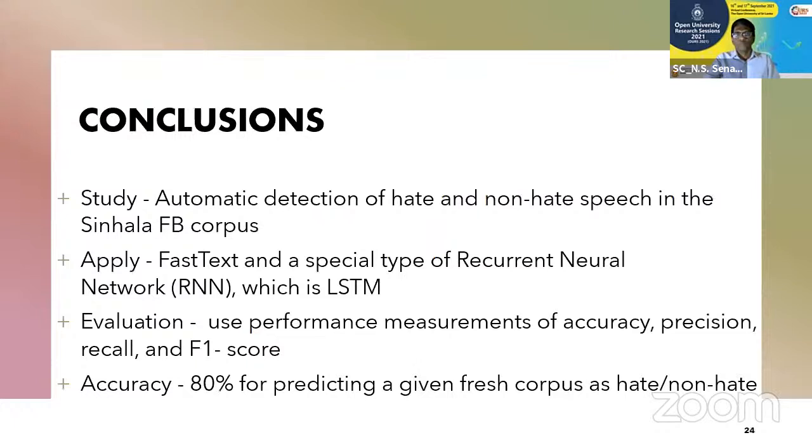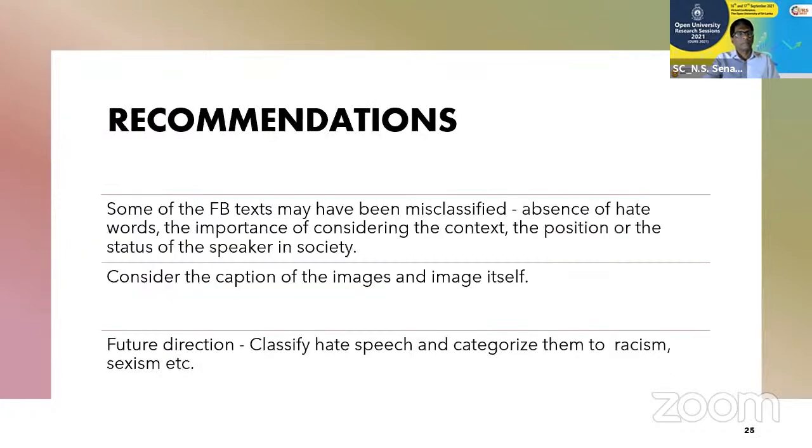We used fastText and a special type of recurrent neural network, which is LSTM. The model was evaluated with the performance measures of accuracy, precision, recall and F1 score. The accuracy of the model is 80% and it accurately predicts the given fresh corpus as hate or non-hate. Therefore, the proposed model has performed well for single hate speech detection with the Facebook corpus.